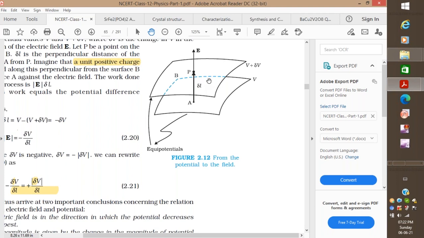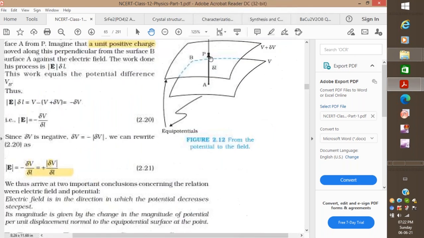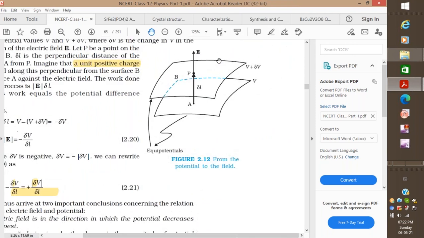Okay, if this is actually a negative delta, then it is decreasing in this way. Okay, if you are confused, let me just clear it in one minute: if delta V is negative, then the potential will be changing steepest in this direction.